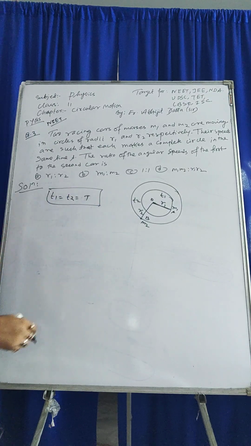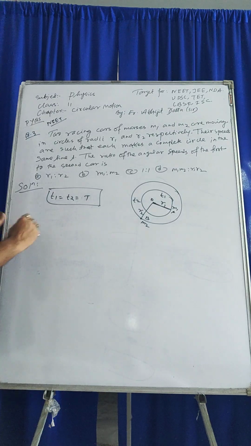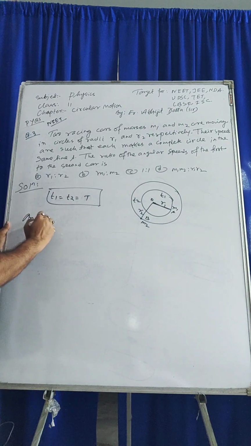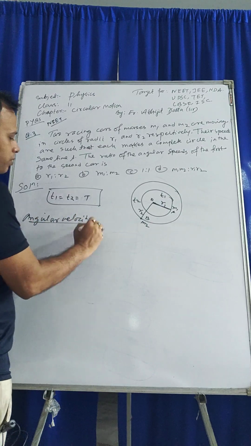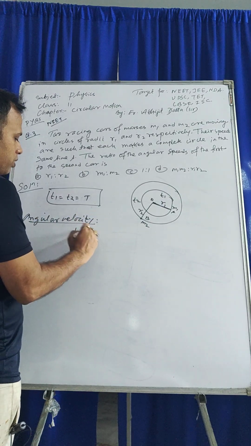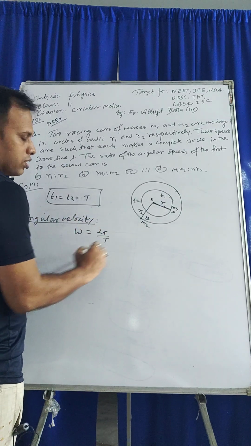The formula for angular velocity in terms of time is omega equal to 2 pi by t, is it not?